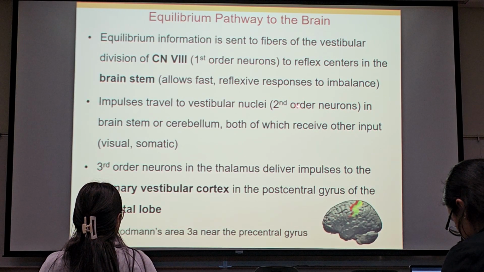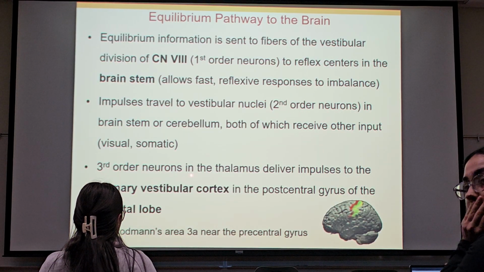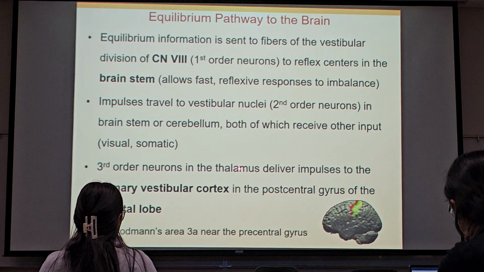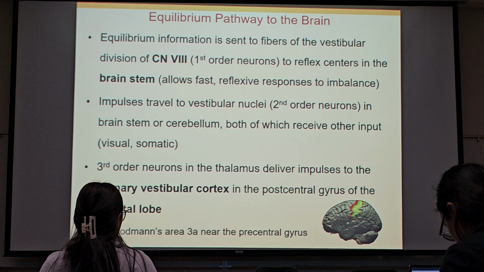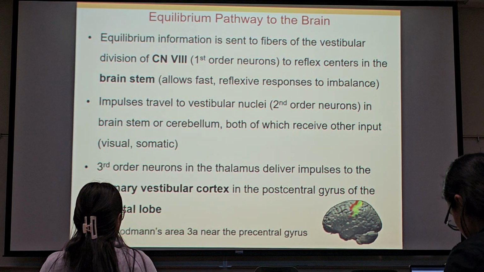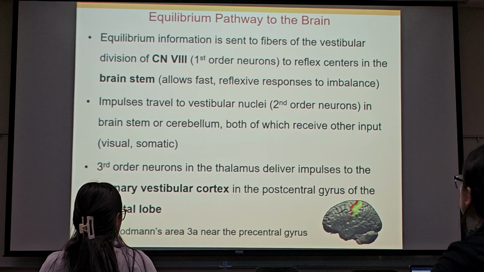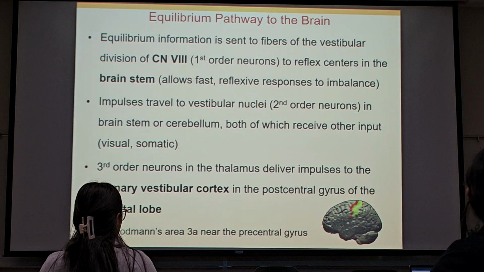And then they will innervate or release neurotransmitter at a third order, another set of neurons in the thalamus, that will then deliver that information, all right? Thalamus relays sensory information, all up to the primary vestibular cortex in the postcentral gyrus.